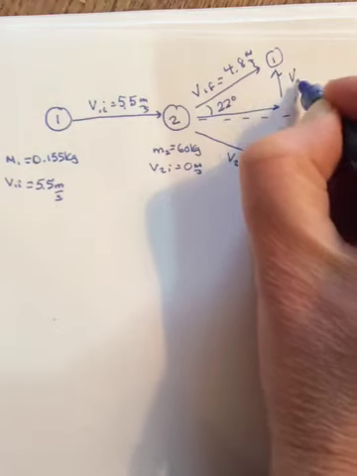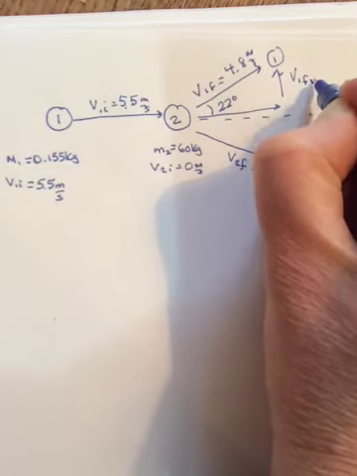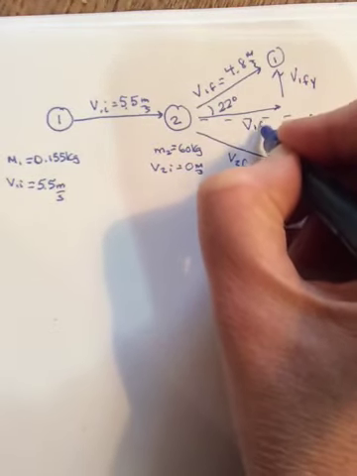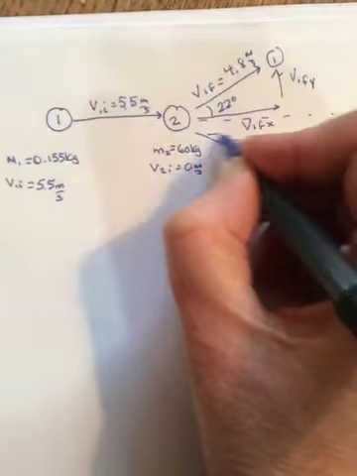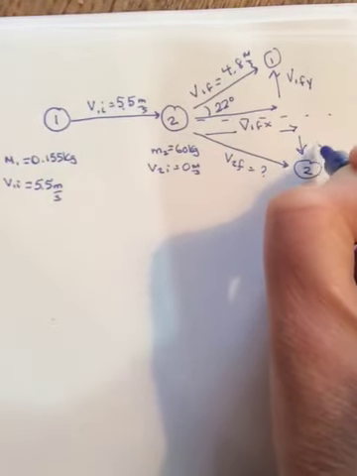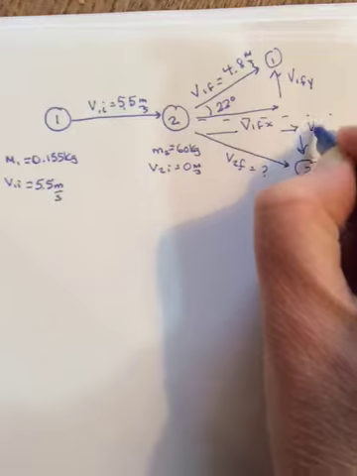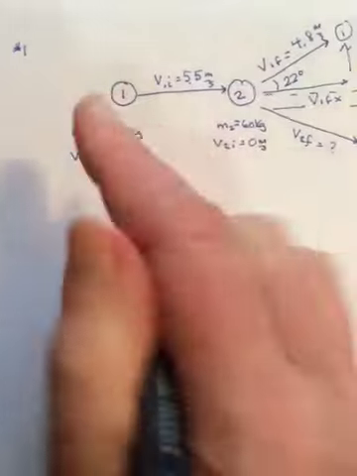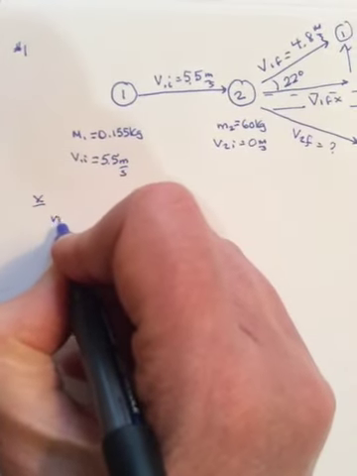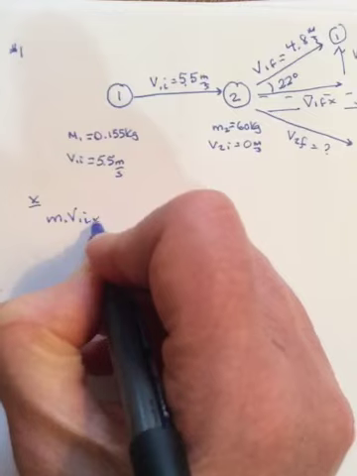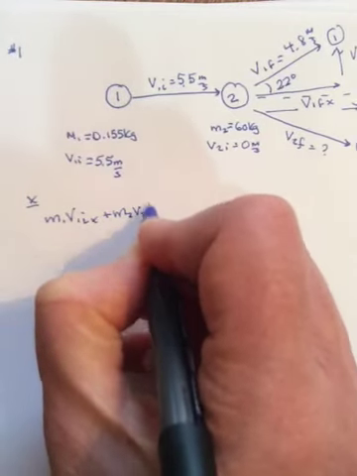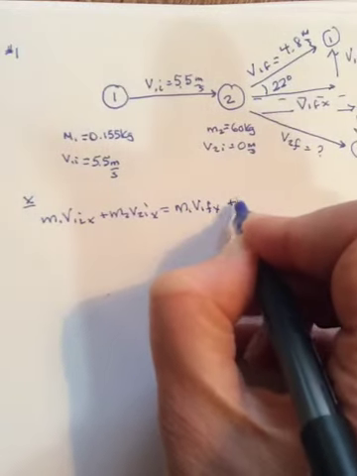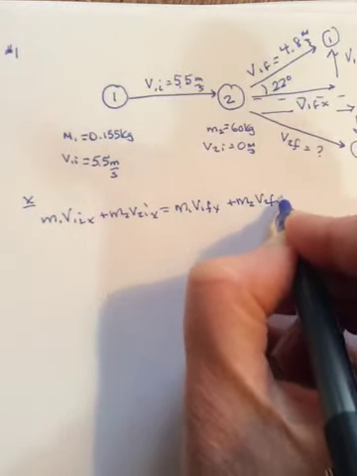So this guy has a V1Fy, which we can find because we have the hypotenuse and the angle, and it has a V1Fx, which we can also find. And then the V2Fy and the V2Fx we will get from our equations. Okay, so we go to conservation of momentum, starting in the x direction: m1 v1 initial x plus m2 v2 initial x will equal m1 v1 final x plus m2 v2 final x.